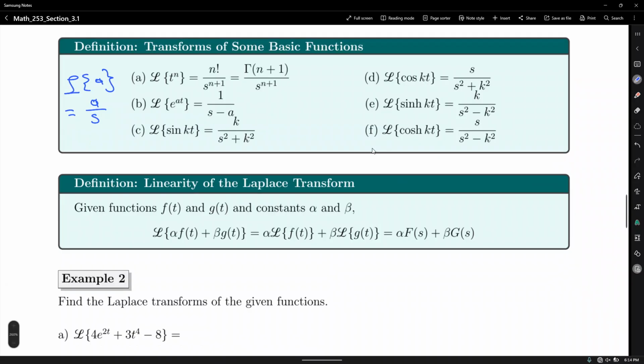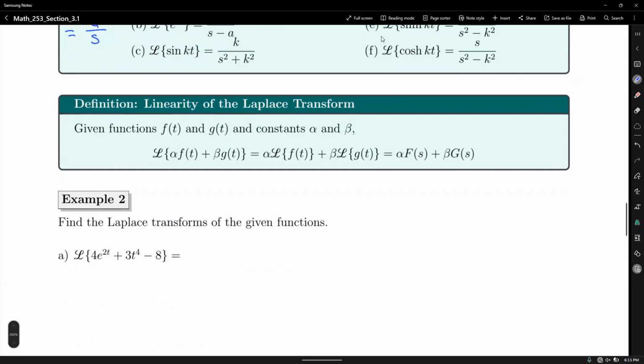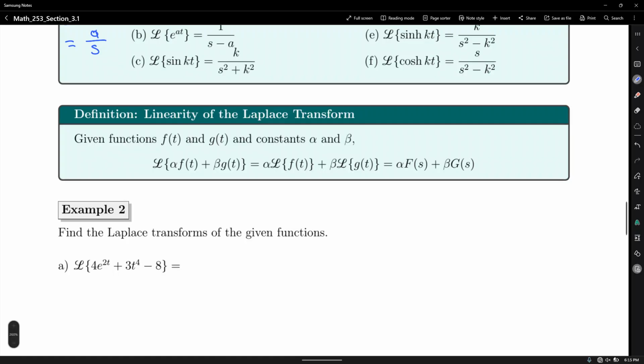Okay, so the Laplace transform of 4e to the 2t plus 3t to the fourth minus 8.